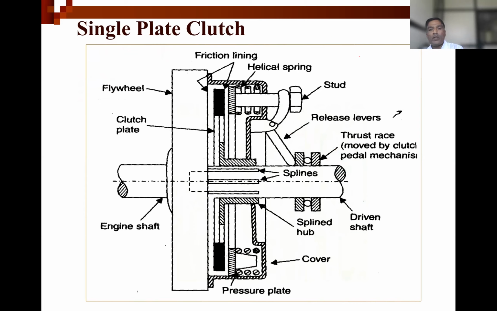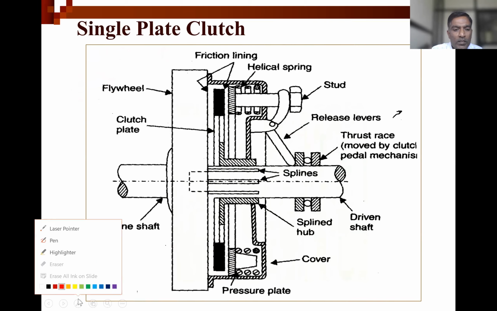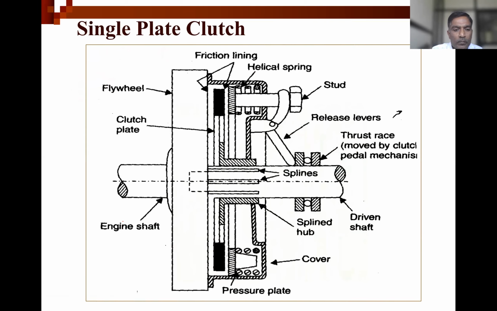Then now this is the single plate automobile clutch. Now you are going to see in detail. First of all, this one is the engine shaft. First of all, we are going to see the construction.